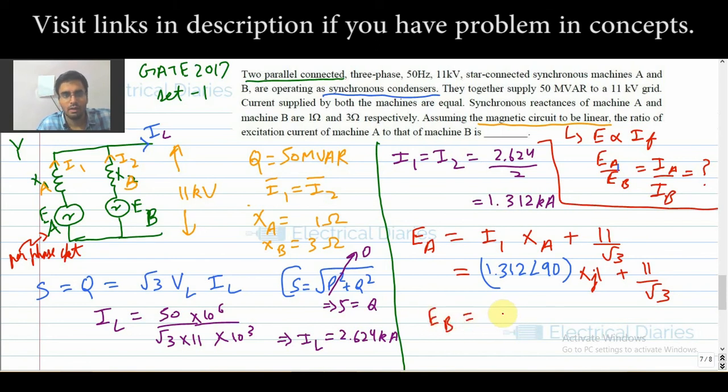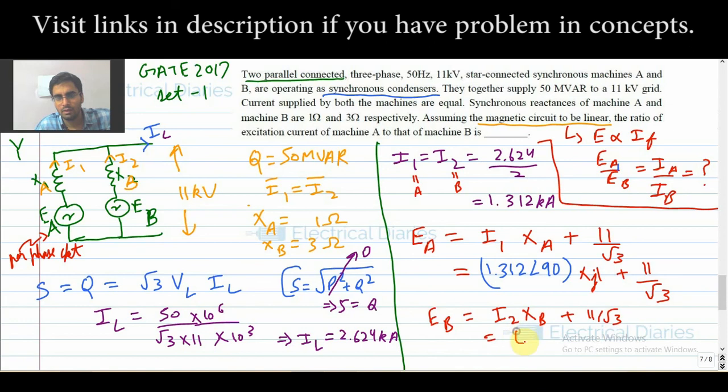It will be I2 into XB plus 11 by root 3.